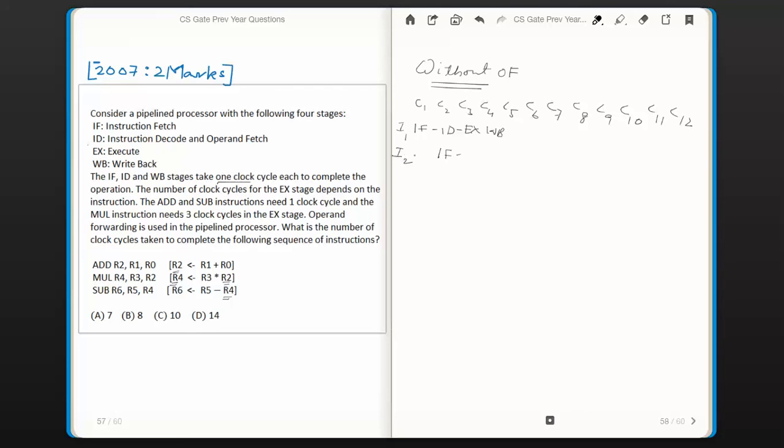In this case, I2 is the dependent instruction. So operand fetch has to be scheduled after the write back is done, because only after write back would the new value of R2 be available in R2, right? So there would be two stall cycles here where we would do nothing, and after that we can schedule the instruction decode and operand fetch stage.